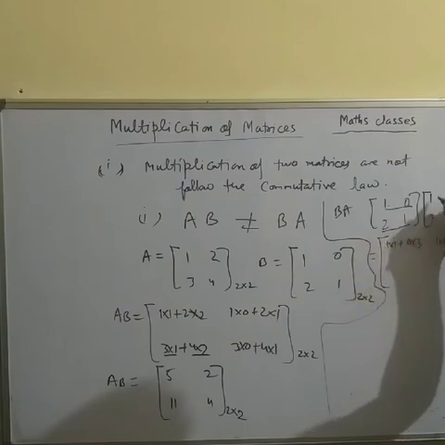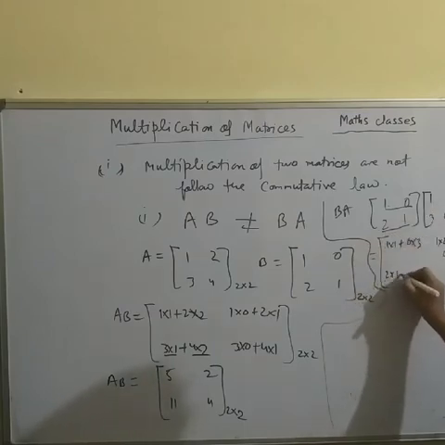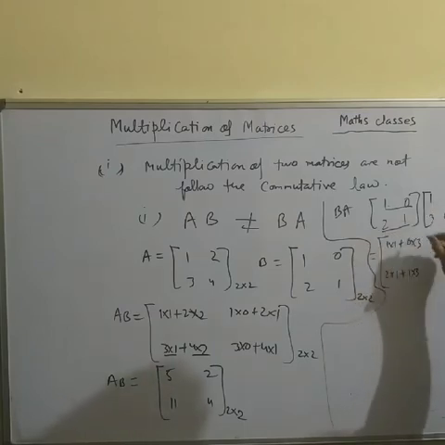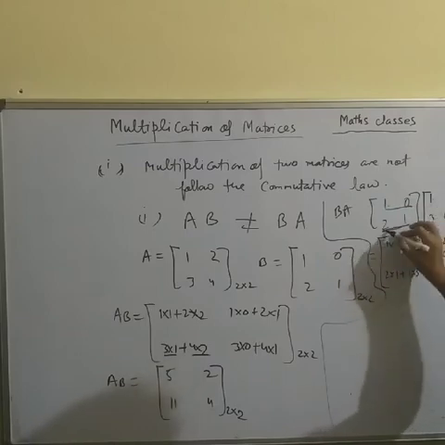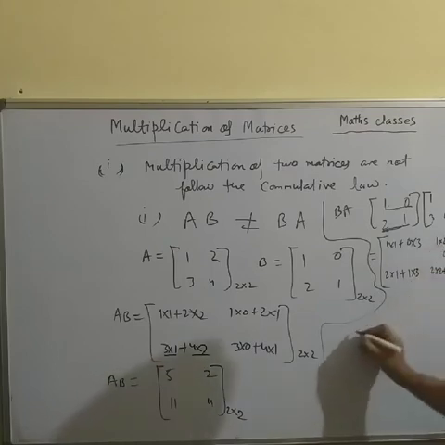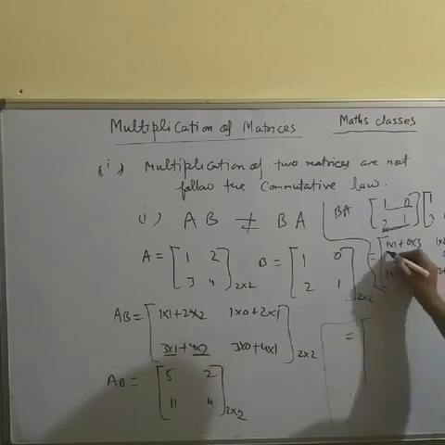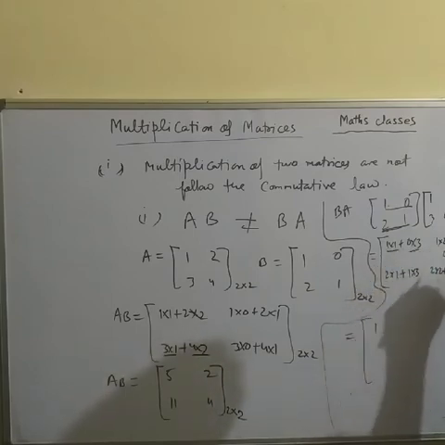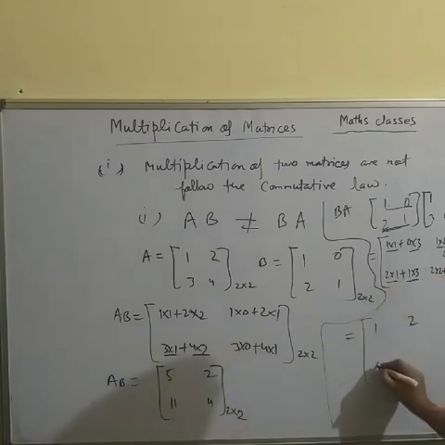Again 2 multiply to this. 2 into 1 plus 1 into 3. This multiply to this, 2 multiply 2 plus 1 multiply 4. What is the value? 1 plus 0, it means 1. 2 plus 0, that is 2. 2 plus 3, this is 5.